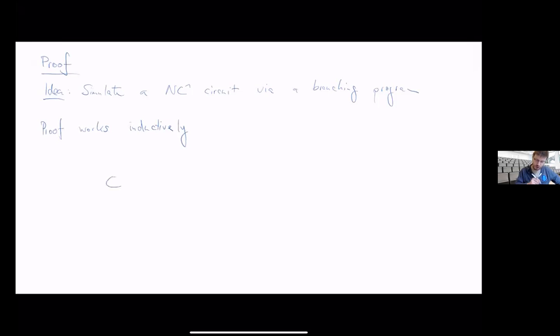Let's say I have a circuit C, right, which is composed of two smaller circuits. Namely, let's say on the top level, I just have an AND gate, and underneath, this input here is computed by a circuit C1, and this one here by a circuit C2, right? So I'm really just looking at the top gate, and then later I'm going to repeat the same thing for these smaller circuits C1 and C2.